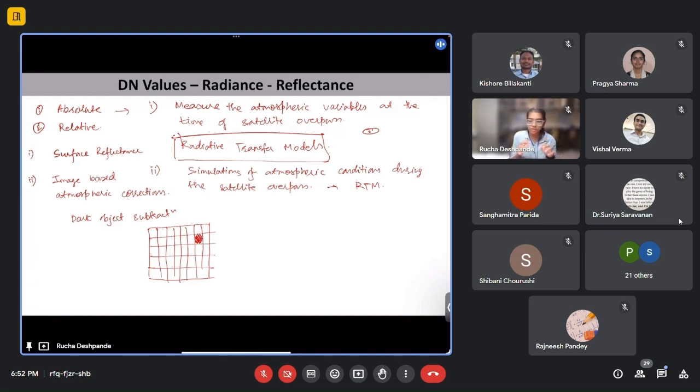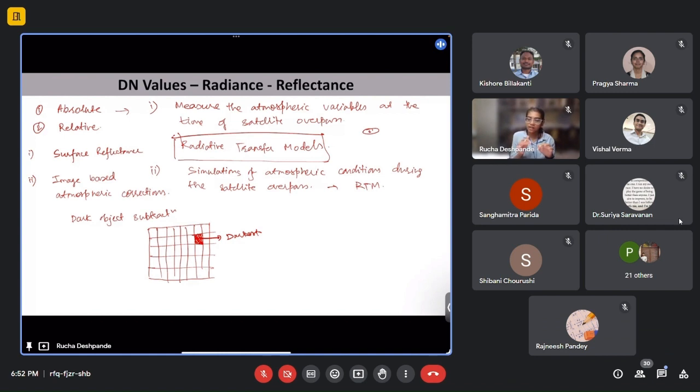So it should have the lowest values. If possible, it should correspond to a water body. For example, in near infrared regions, water bodies will have the lowest reflectance, and they will appear the darkest.